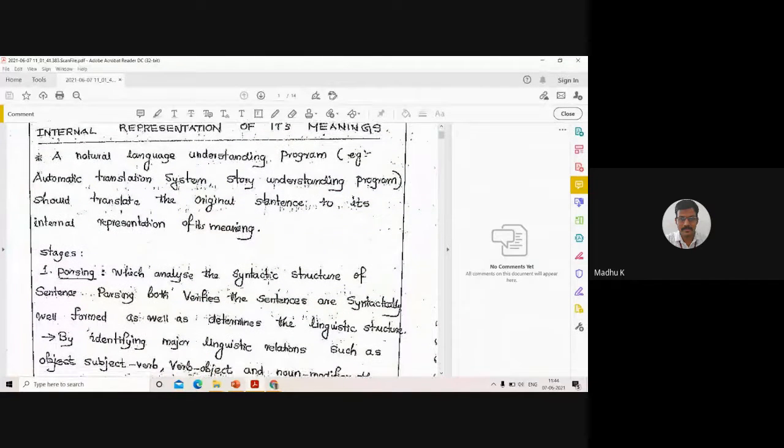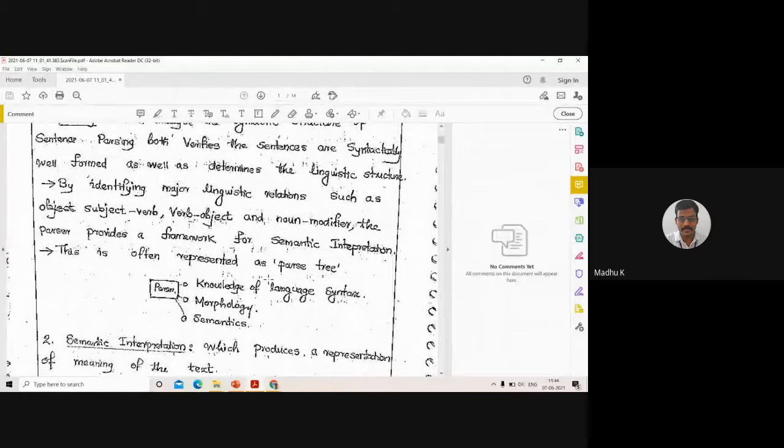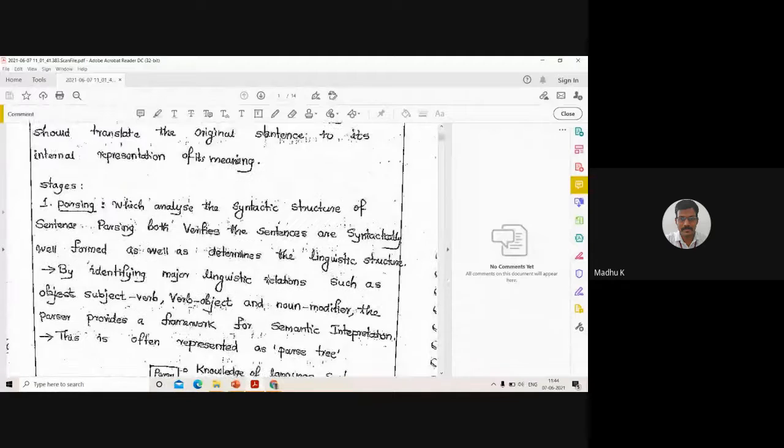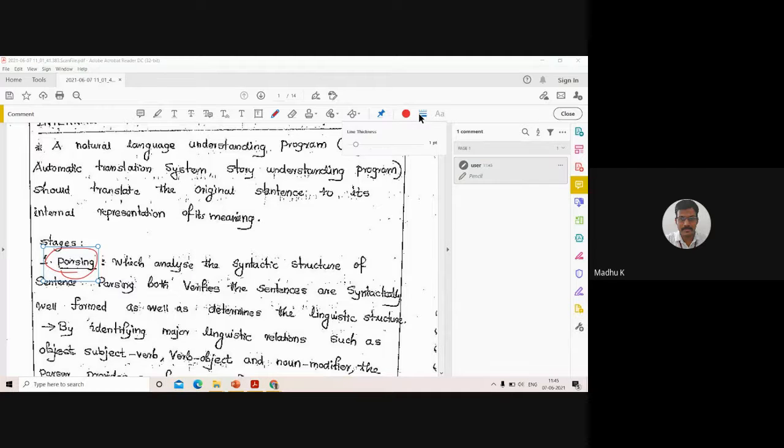The parser will do the parsing first, and then the next stage is semantic analysis. In the previous class we discussed this topic.